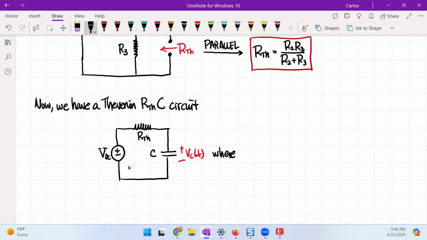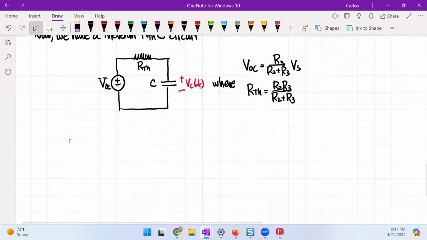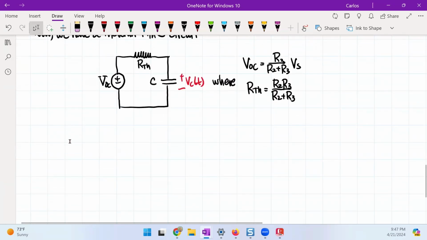VOC is R3 divided by R2 plus R3, times V source. And RTH is R2 R3 over R2 plus R3, the product of the two over the sum. I have that.